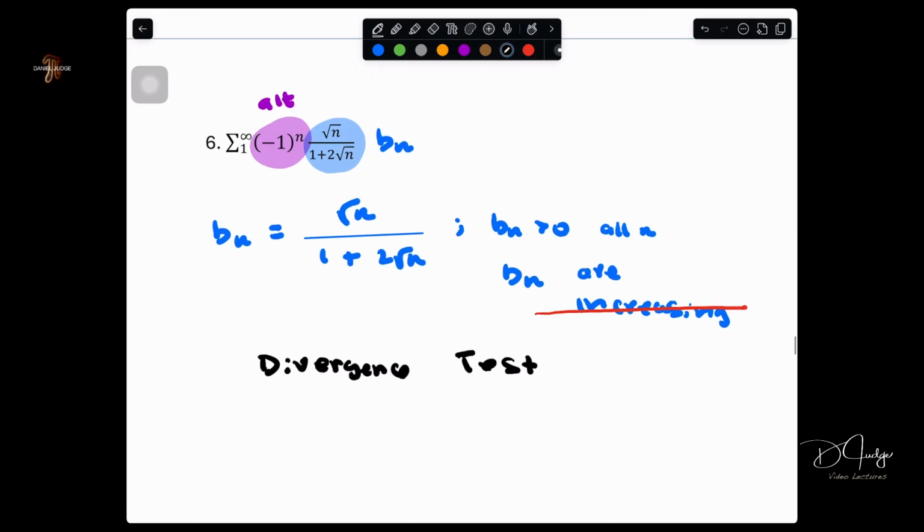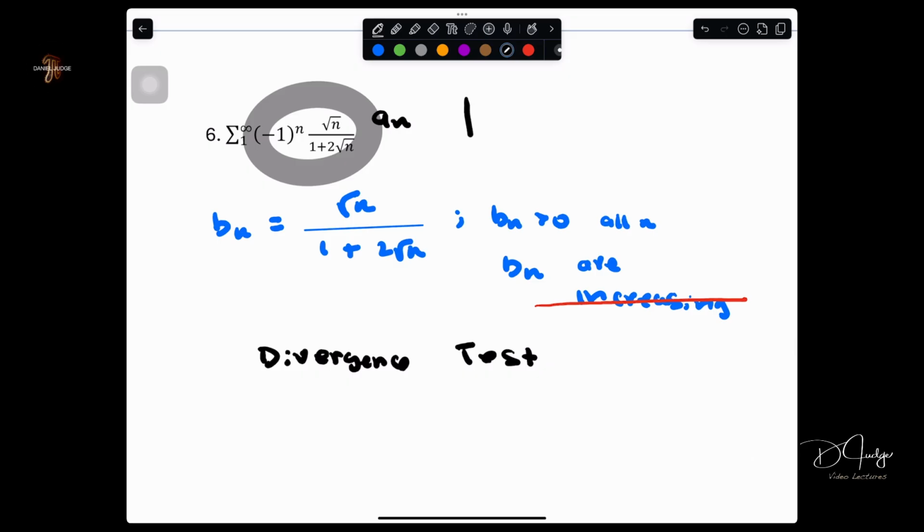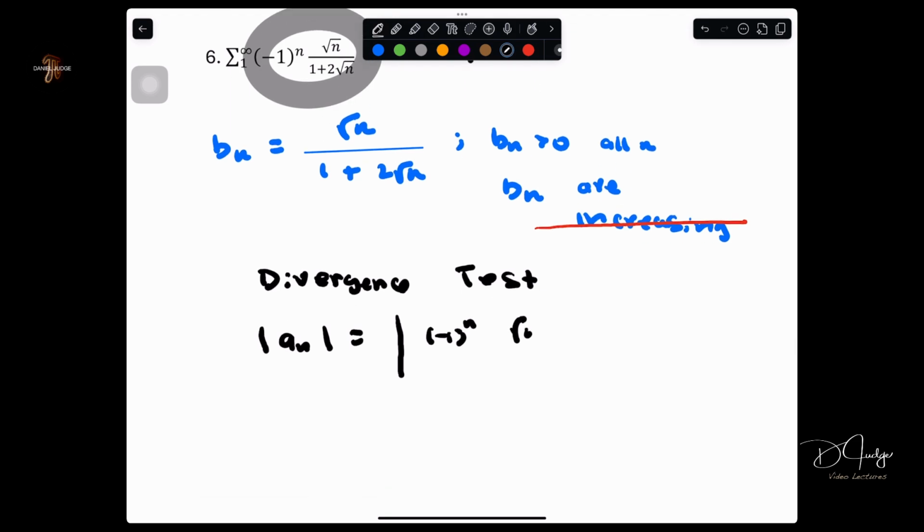So in that case, this whole series here we're going to look at as a_n, and we need to consider the absolute value of a_n. So the absolute value of a_n is the absolute value of (-1)^n times square root of n over 1 plus 2 square root of n.